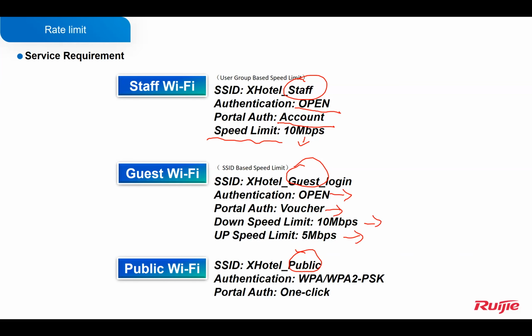And for the last SSID, we set the authentication as WPA or WPA2 PSK. So we have to create the public Wi-Fi and then set the password information here. For the portal authentication, actually we use the one click.